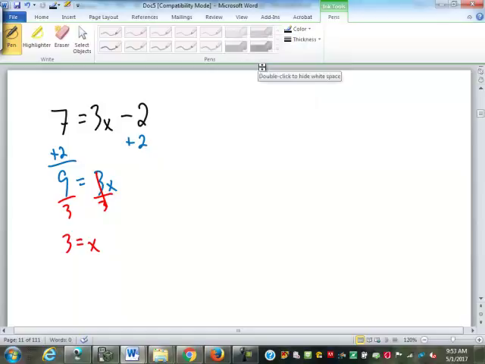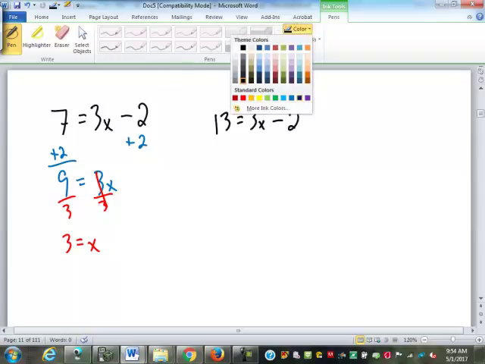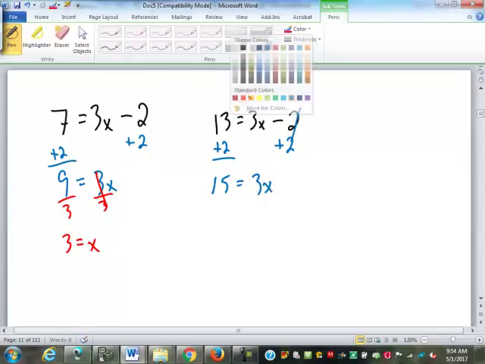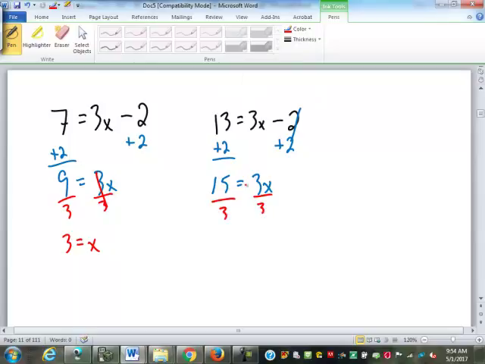But what if I have 13 equals 3x minus 2? It's a different equation, but if I go to solve it, my steps are going to be exactly the same. I'm going to add 2. That's gone. 15 equals 3x. And I'm going to divide by 3. I get a different answer, however. 5 equals x.